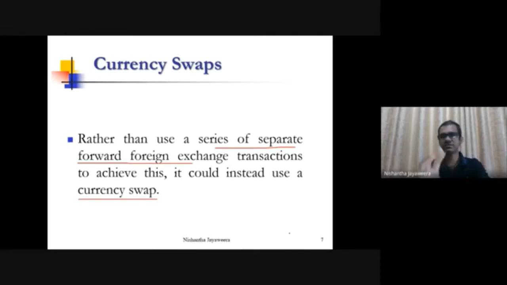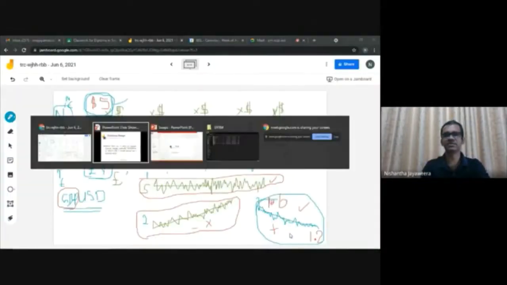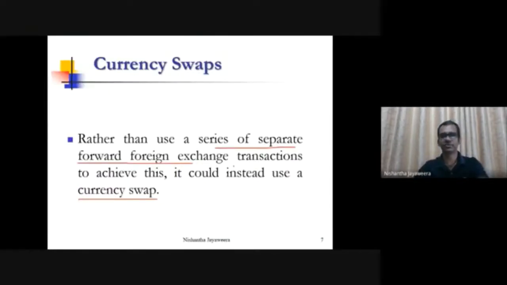So I'm not saying that in this example this is the only way you can do it. No, you have other options. Entering into a series of forward foreign exchange and the cross currency swap are almost the same thing. But if you consider options, it's a different risk and return characteristic.